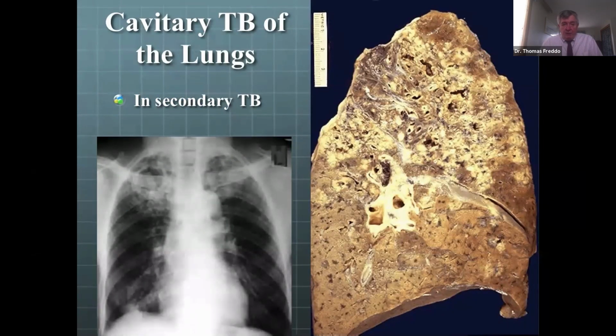In secondary TB, you can see there is much more massive infiltration of the lung, and it tends to occur primarily in the apical part of the lung. You can see that radiologically on the left and in the specimen on the right, where all of the yellow that you can see represents granulomas. You'll notice that they are largely confined to the apical part of the lung, less so in the bases.